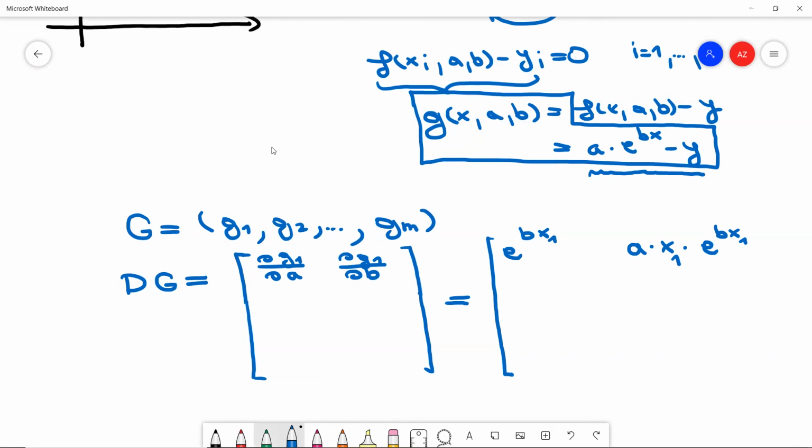And then I repeat for the second coordinate function. So I get e to the power of bx2, and here a times x2 times e to the power of bx2, and so on.